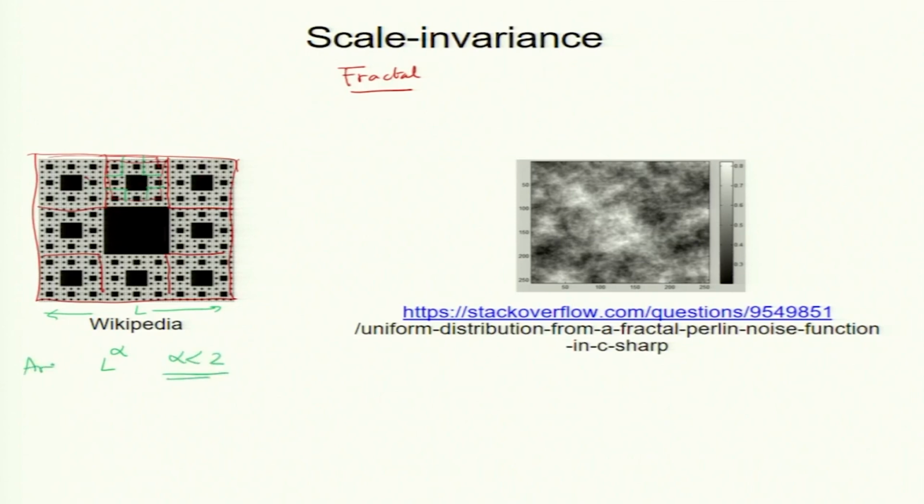You can compute it, but I will not do it right now. It is greater than 1 but less than 2, and it is a fractional dimension. Alpha is fractional, so that is why it is called a fractal. So the dimension is fractional.